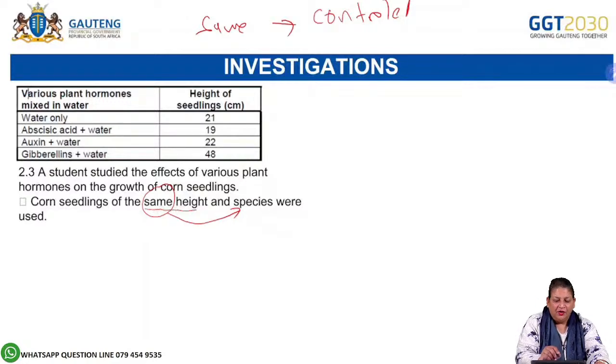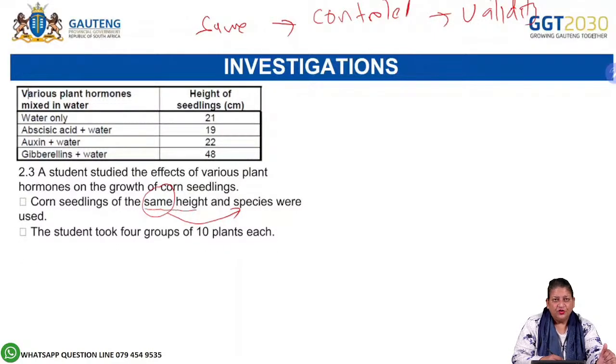And then you're going to have same height, same species, okay? And what does it contribute to? What do control variables contribute to? They contribute to validity, to keeping something fair. For an experiment, you have to keep something fair to make a comparison. You have to be fair.